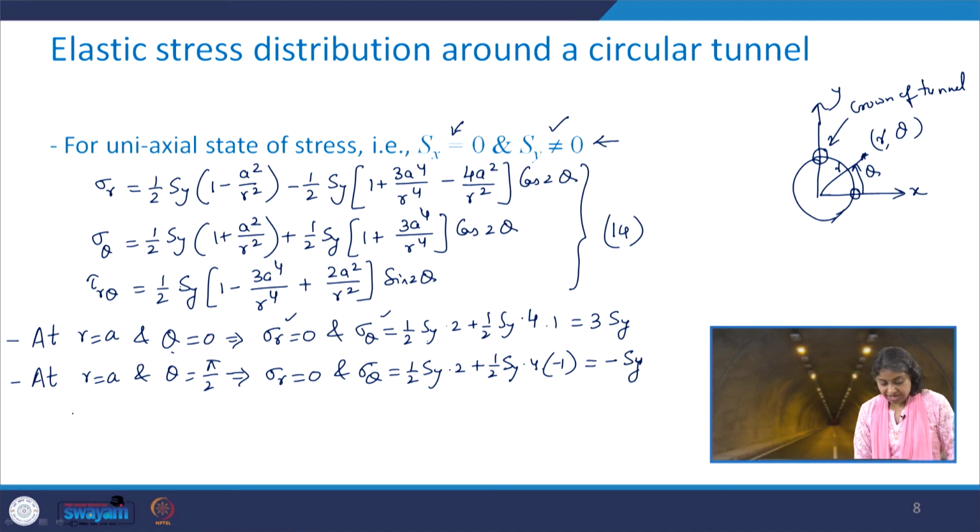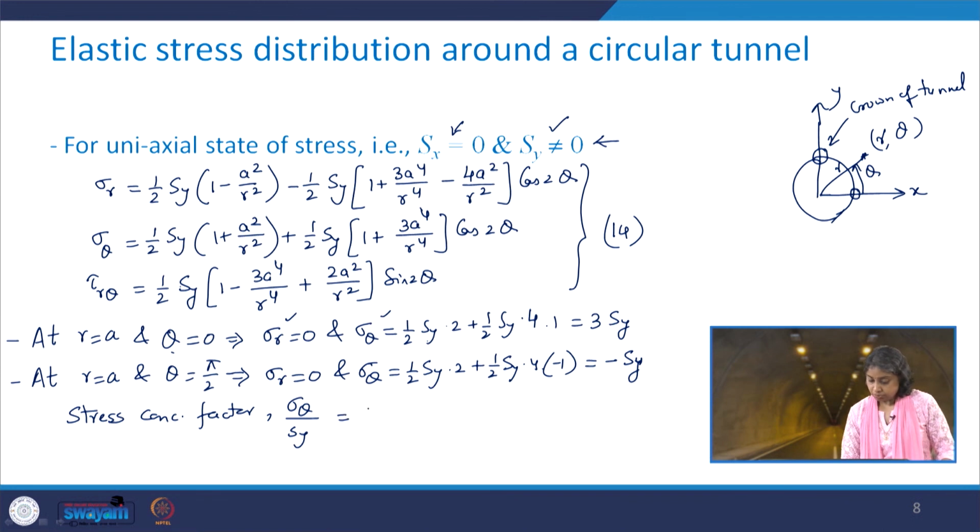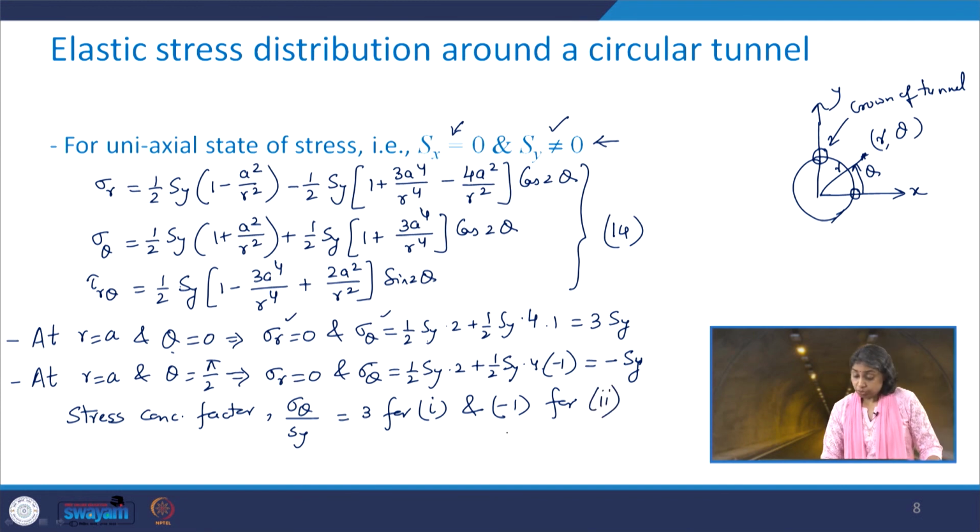So, in this case the stress concentration factor, which is sigma theta upon Sy, is equal to 3 for the first condition and minus 1 for the second condition. Now, note that here it is minus and here this is positive.